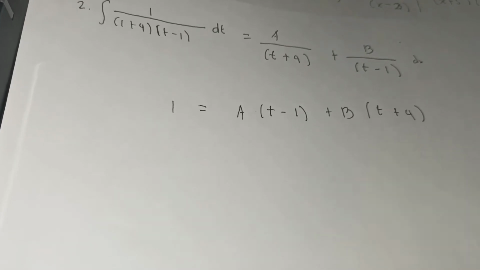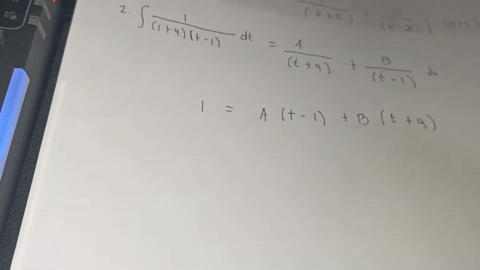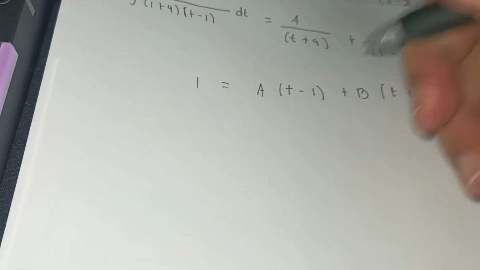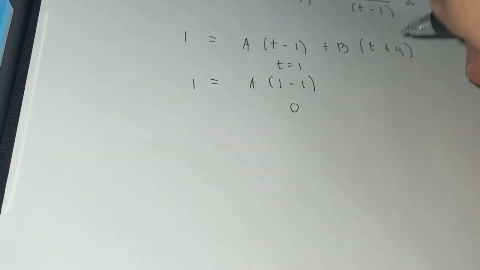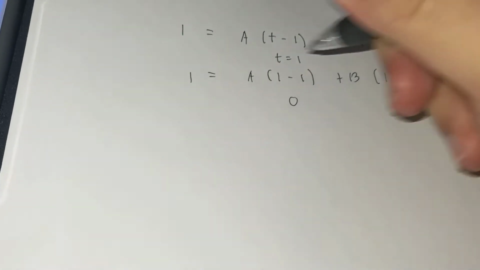So let's try to solve it now. You have to let our t be positive 1. It goes to A times 1 minus 1 equals 0, plus B times 1 plus 4 equals 5.